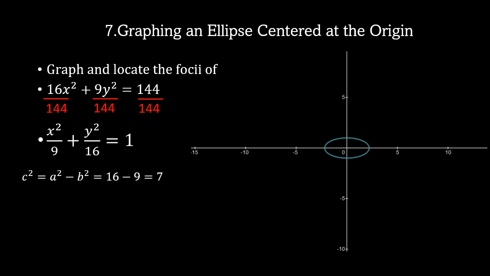So on the x-axis, we're going to have 3, 0, negative 3, 0, and on the y-axis, we're going to have 0, 4, 0, negative 4, and for the foci, they are also located on the y-axis with square root of 7 and negative square root of 7. So these are the foci. Let's see the points we have.